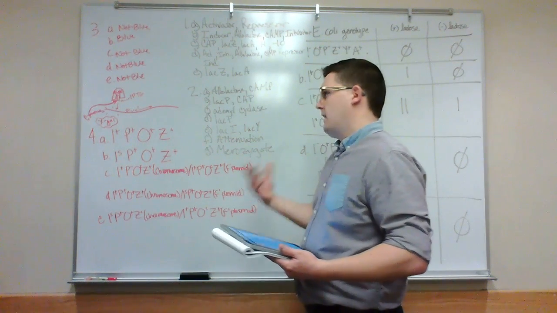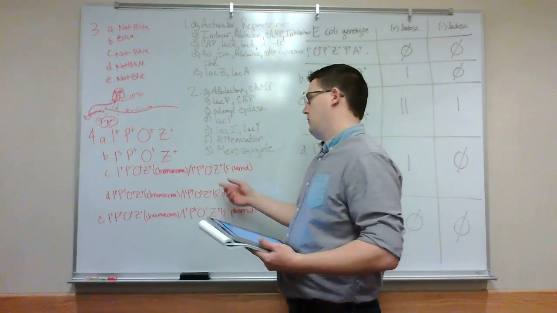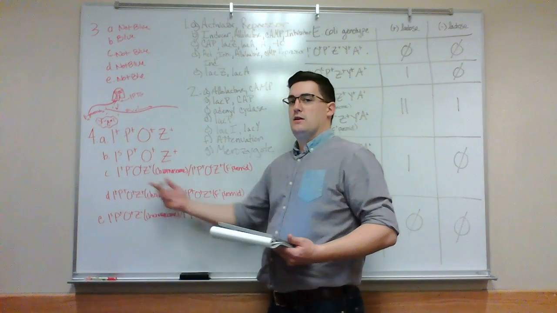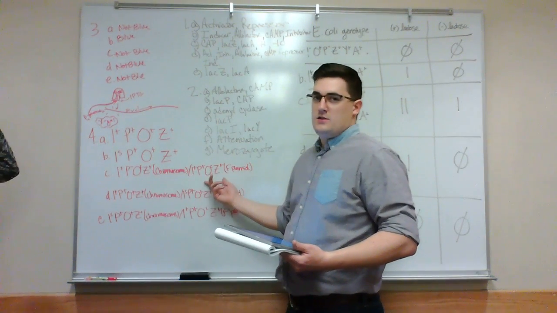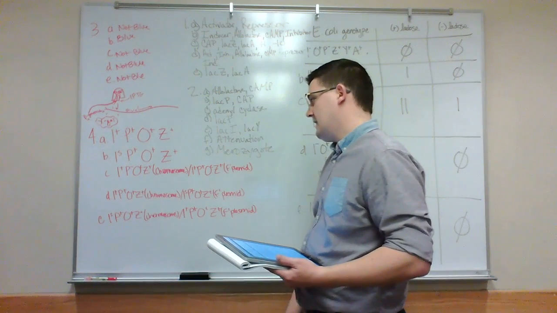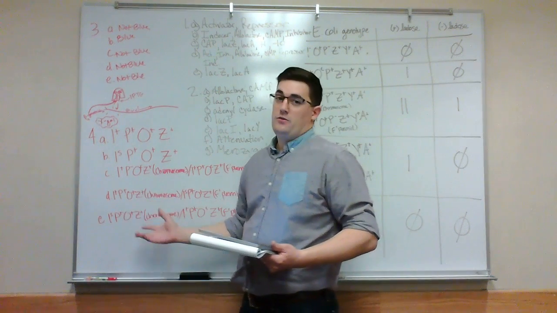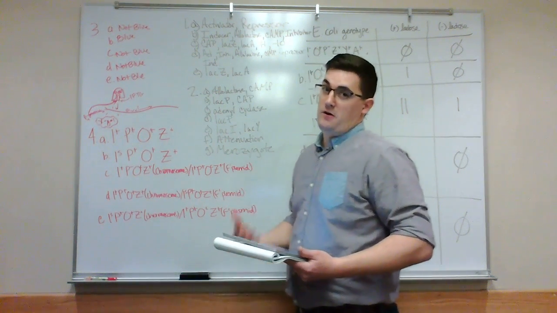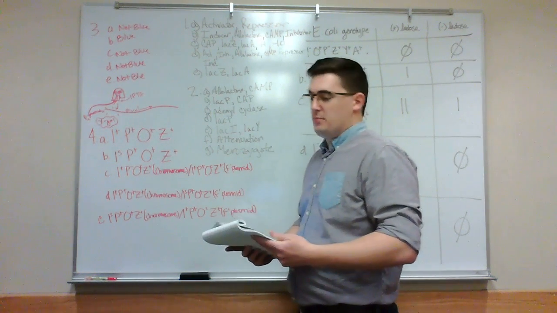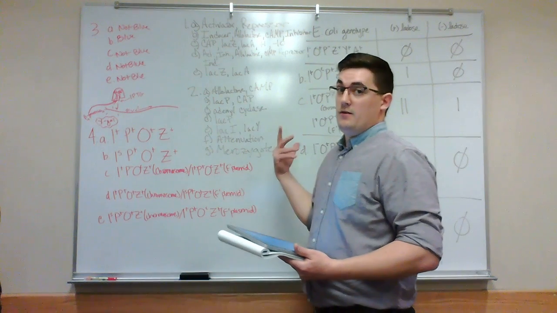If there's an activator, if there's not an activator, it's going to start producing. So even though this one's not making anything, it's still going to be making stuff from the F plasmid. We did the same thing for D and E. I'm not going to explain all of them, but you can figure it out for yourself. So we'll move on to 5 and maybe explain a little bit more on how we got that.